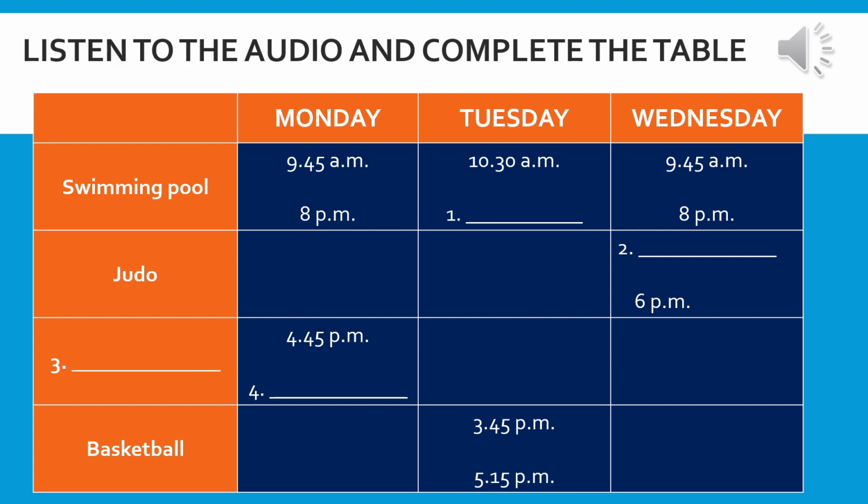So that's the end of the audio. Now let's focus on the time of closing for the swimming pool on Tuesday. Swimming pool on Tuesday closes at 5:45 p.m., 5:45. How about judo on Wednesday? What time does it start?